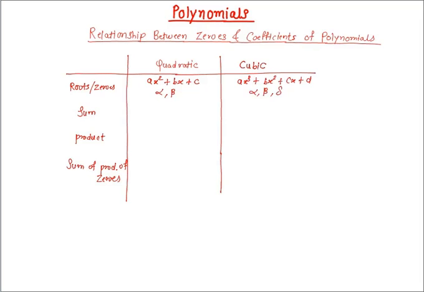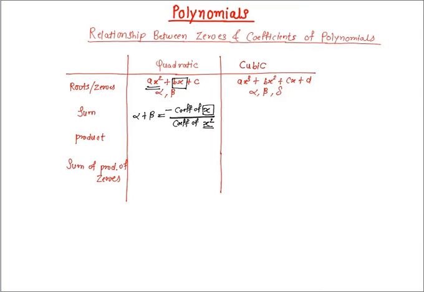For a quadratic polynomial, what is the sum of zeros? Alpha plus beta equals minus of coefficient of x divided by coefficient of x squared. So whichever is the highest power, we write it in the denominator. So we have coefficient of x squared. And in the numerator, we write the coefficient of the second term.